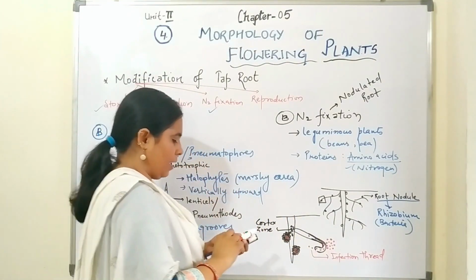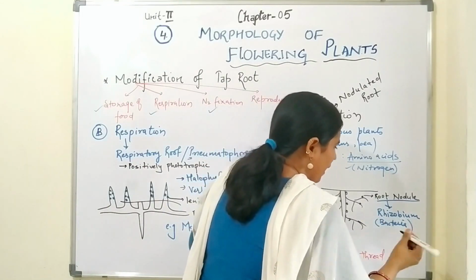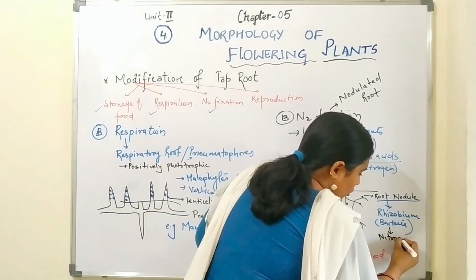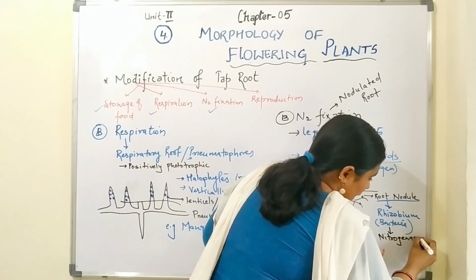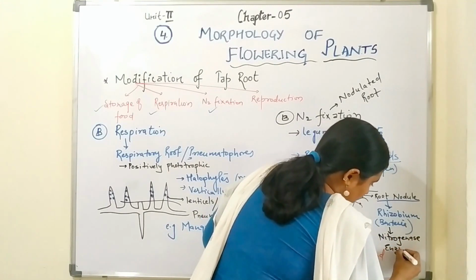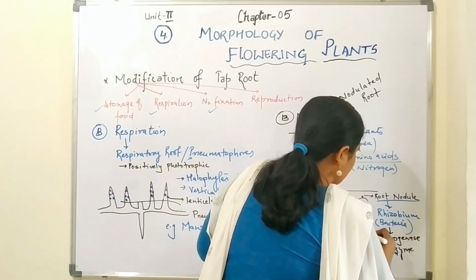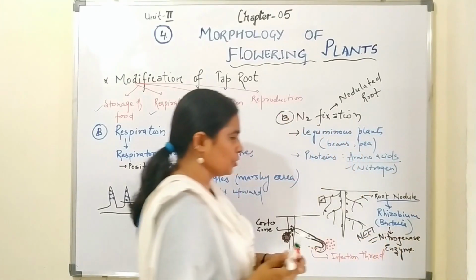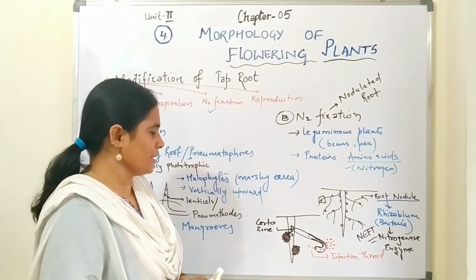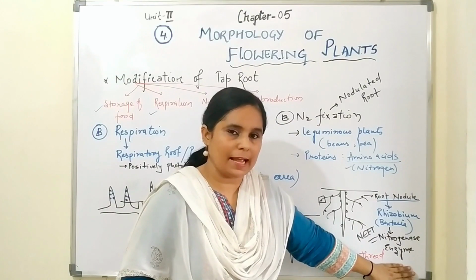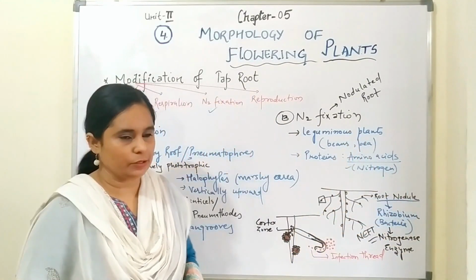These bacteria are having a very important enzyme known as nitrogenase enzyme. Remember this? This is a very important question for NEET. Fine. So, rhizobium bacteria is having an enzyme which is known as nitrogenase enzyme, which helps in nitrogen fixation.